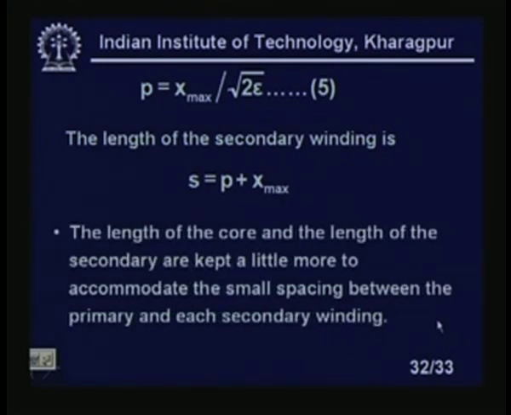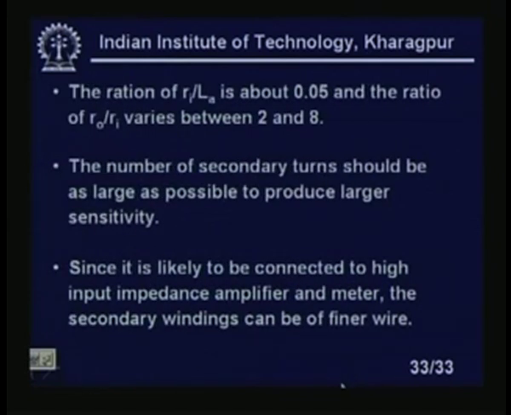The length of the core and the length of the secondary are kept a little more to accommodate the small spacing between the primary and its secondary windings. This is necessary. The ratio of Ri by La is about 0.05, and the ratio of Ro by Ri varies between 2 and 8.